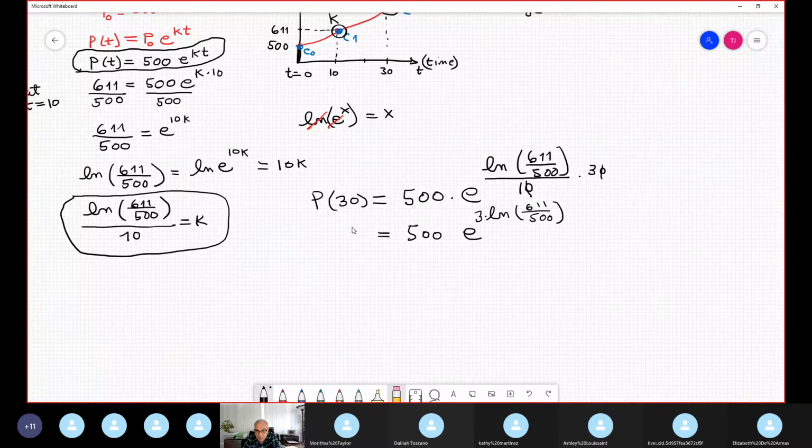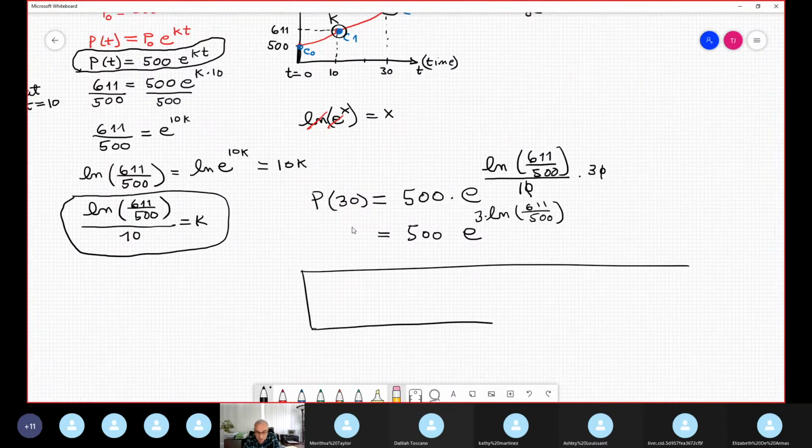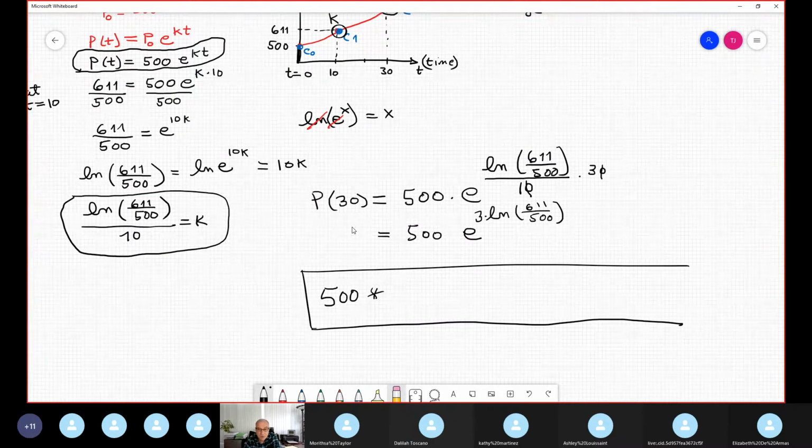Either way. So suppose that this is the display of the calculator. You put 500 times exponential. When you press, remember in our calculator we have two fundamental keys.